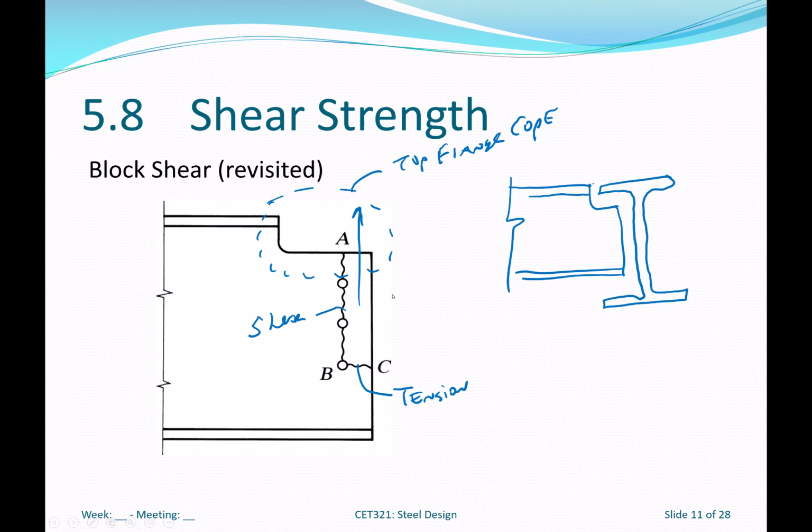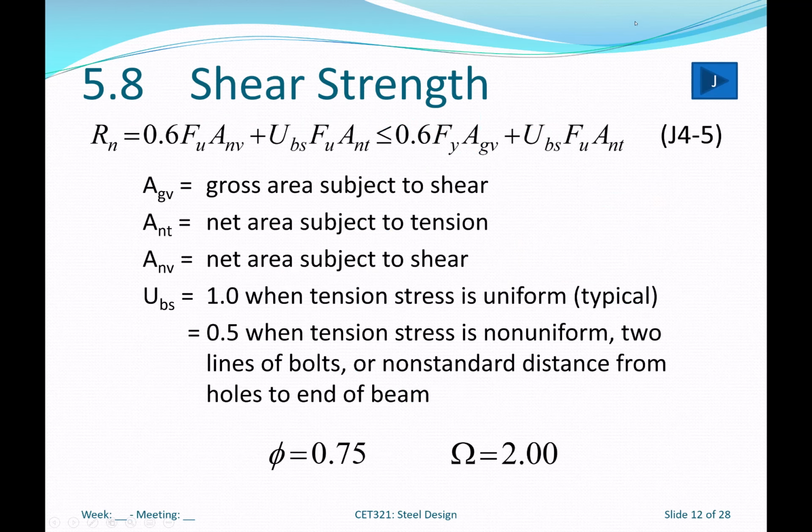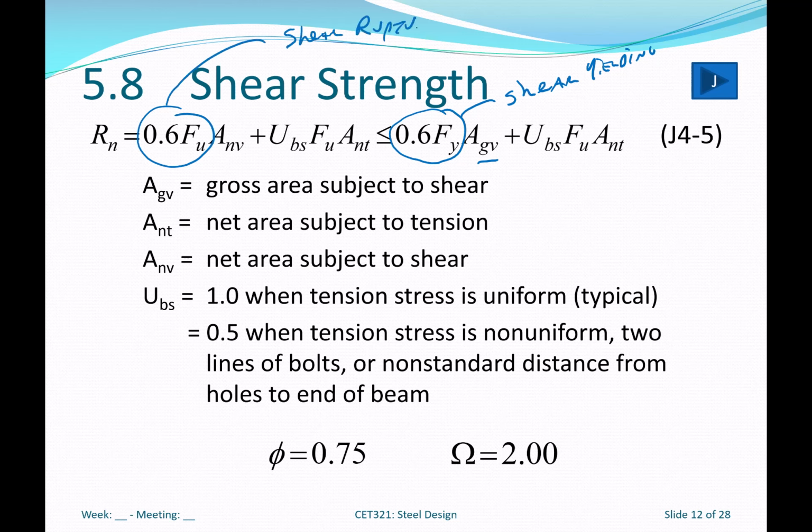Okay, so again, we're back to our friend block shear from chapter 3. Again, notice 0.6 Fy, shear yielding on the gross area. Over here, 0.6 Fu, shear rupture on the net area.